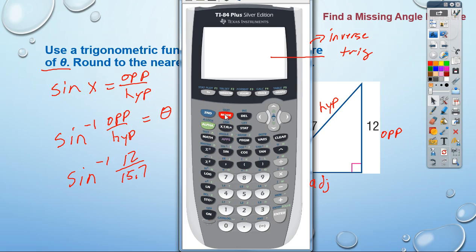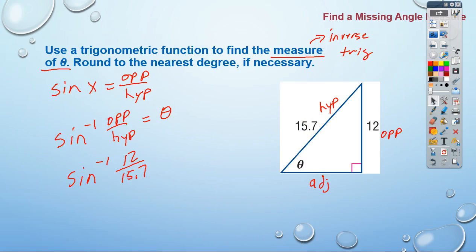And I'm going to go second sine, it gets me my inverse sine, and I do 12 divided by 15.7, parentheses, enter. And it tells me it's 49.847 degrees. So I come in here and I say that that is 49.847 degrees. That's it. That's all you have to do.